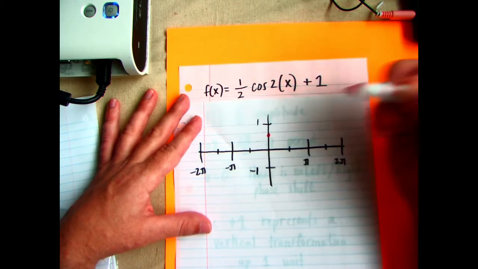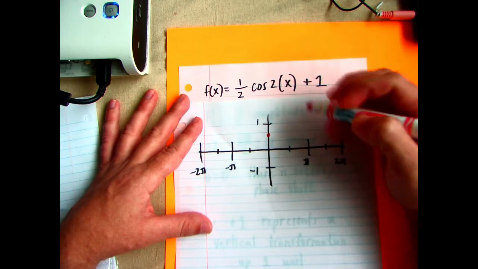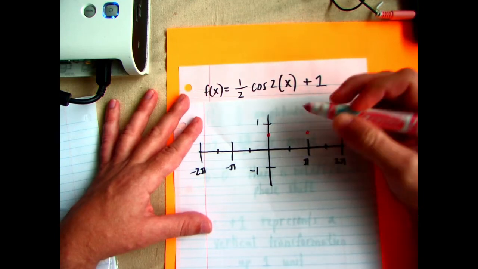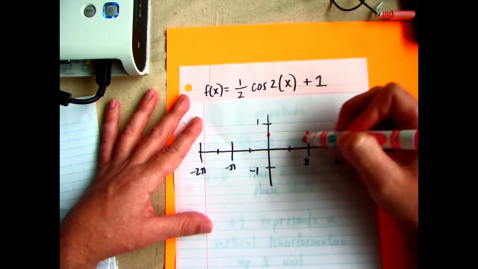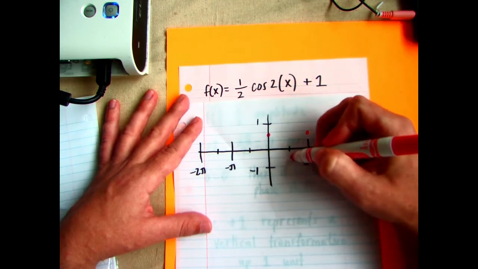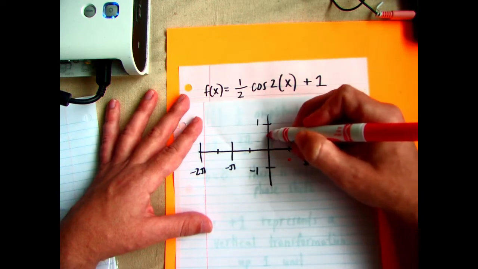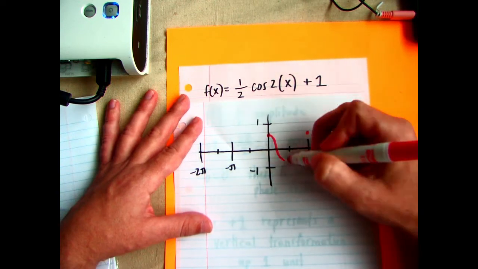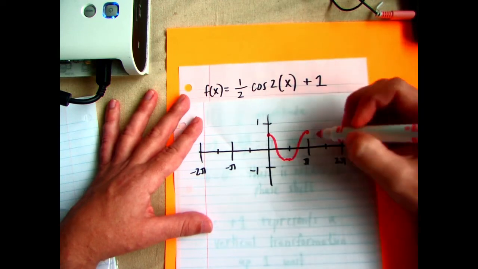It's only going to go half as tall. So I've drawn in my first point here at 0, half. And I know that it completes the wave in a distance of pi. So I can get a bit of an idea of where it ends. So the first wave will be complete after pi.